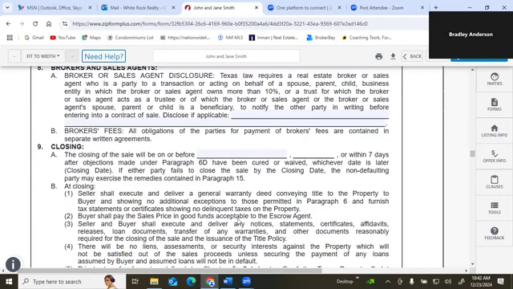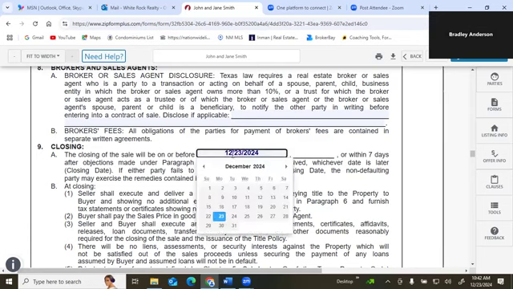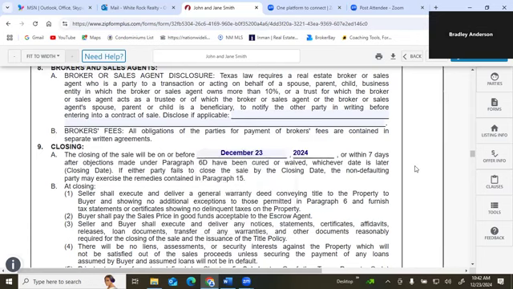Closing date. In Texas, you can pretty much bank on a 30-day close. But you know, if it's a month like December where you've got some holidays, I'd put some padding in there. Okay. Or within 7 days after the objections are made under paragraph 6D. All right.